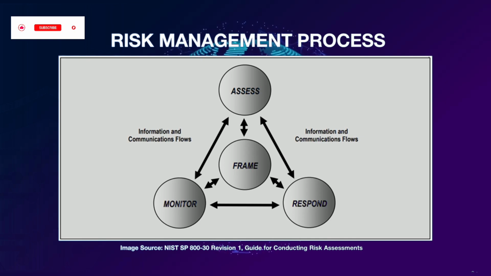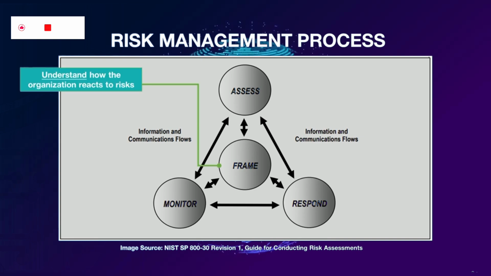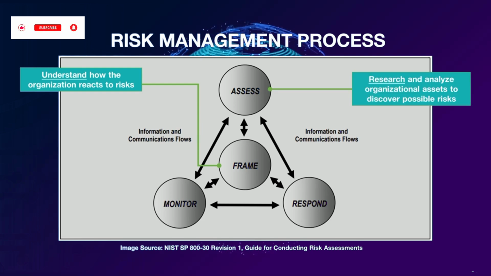So what we want to do is first understand how the organization is going to react to the risk, what we have in place to respond to this risk, and how we handle these things. Then we want to research and analyze the organizational assets to discover risk. This is where we do our risk analysis or risk assessment.